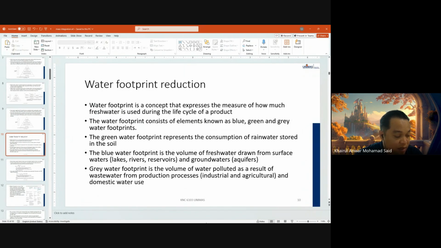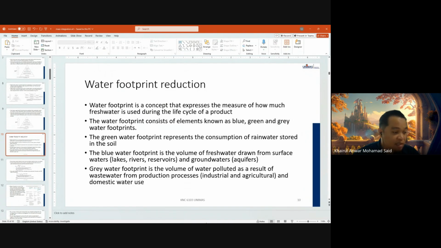In relation to industry, this is the physical water that they pump into the factory gate for process cooling, steam generation, and washing. So green water is rainwater stored in the soil. Blue water is the fresh water drawn from surface water bodies and groundwater aquifers.